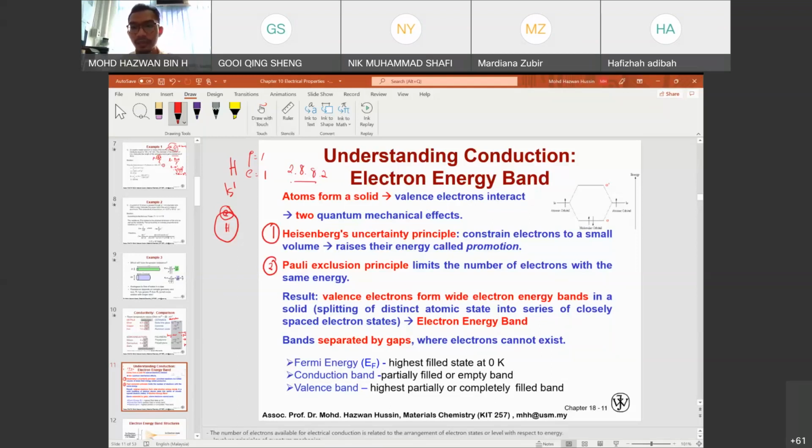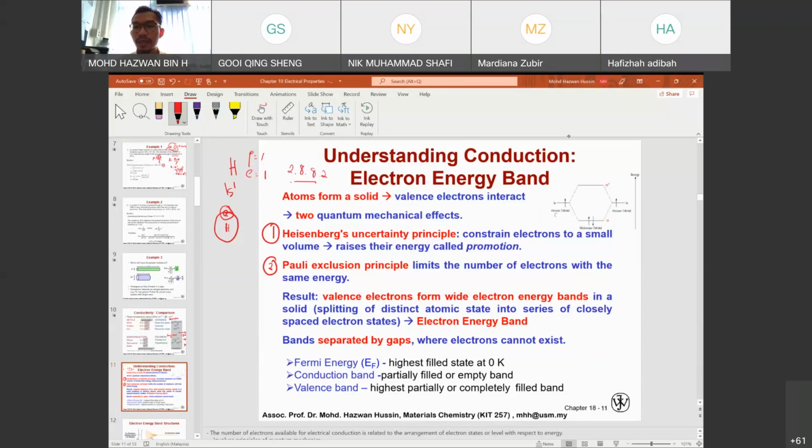Macam kat sini, I'm not sure whether you can see it. You have atomic orbitals, and then you have molecular orbitals. This molecular orbital can be referred to as the valence orbital, and you have a higher energy state, which is actually a higher band. This is vacant, kosong, dia tak ada apa-apa.